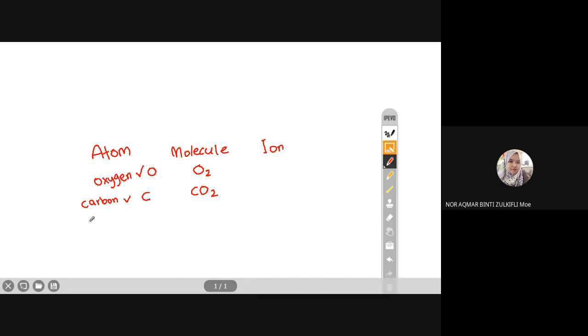How about ion? I give you an example. Let's say you have sodium, in sodium chloride, which is also very familiar. Sodium is Na, and you need to memorize this one. It is a very common atom that you will see in every chapter until Form 5.